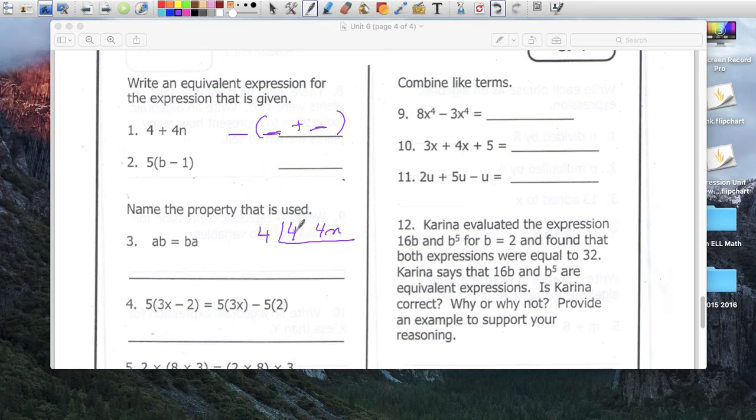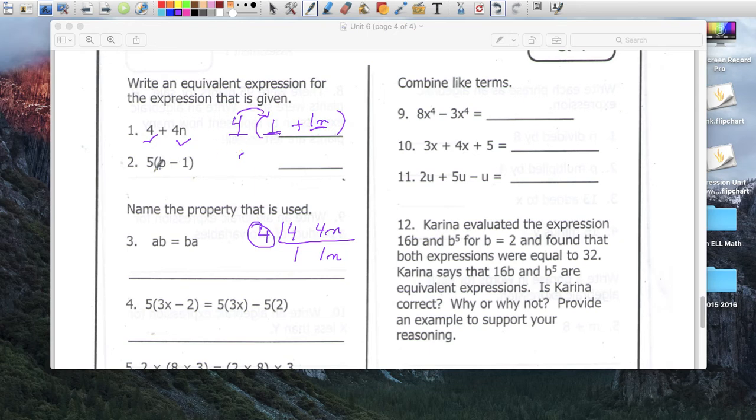Well, 4 goes into 4 one time. 4 goes into 4n 1n, and we'll write the n together. Can we go again? No, we can't. So the GCF, or the greatest common factor, the biggest number that they have in common, is 4. And we write 1 over here and 1n. And we can always double check using the distributive property. 4 times 1 is 4, check. 4 times 1n is 4n, check. Okay, so that would be one possible solution.